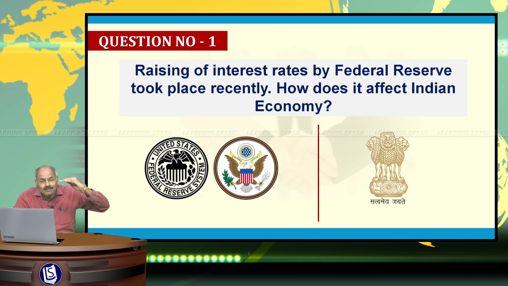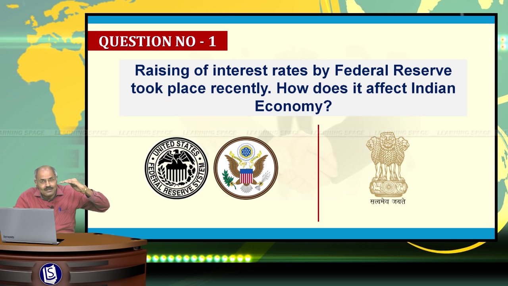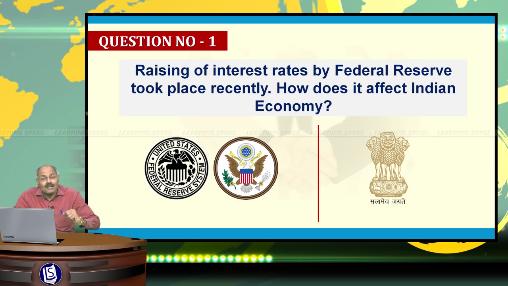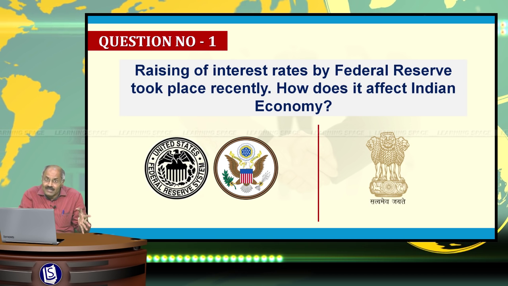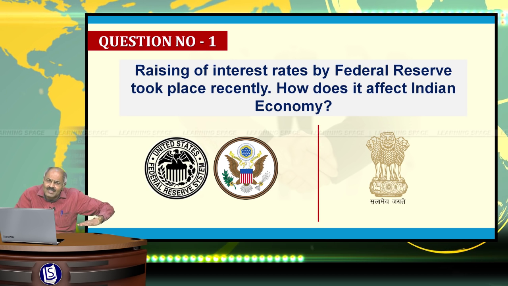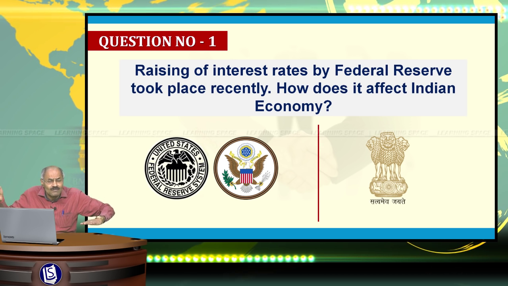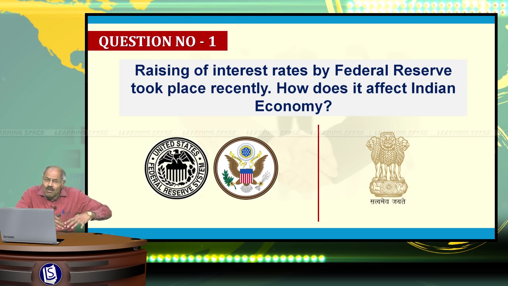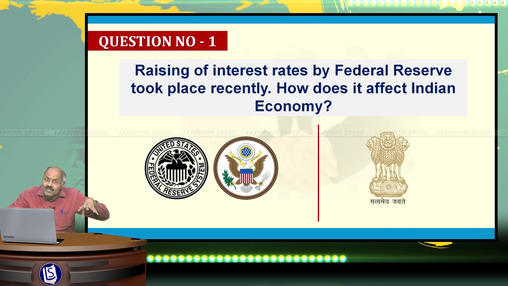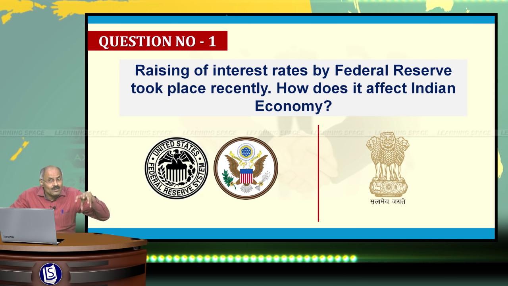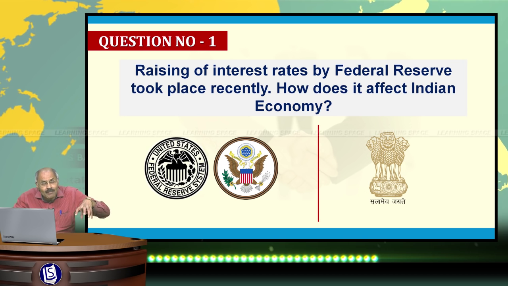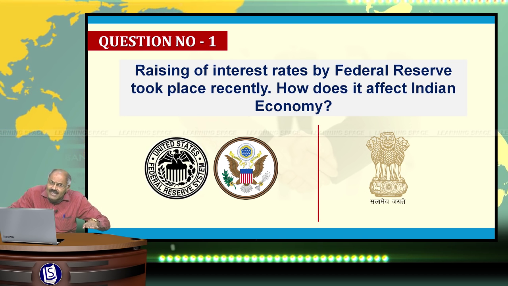And why is there a lot of hue and cry about this increase in interest rates? Because advanced economies like United States of America have been keeping very low interest rates for the past several years. Because they want growth, they want free money in the system. Advanced economies like United States of America, Eurozone, Japan, United Kingdom are keeping very low interest rates.